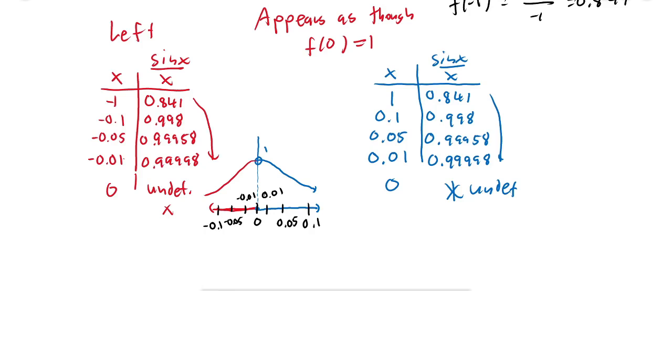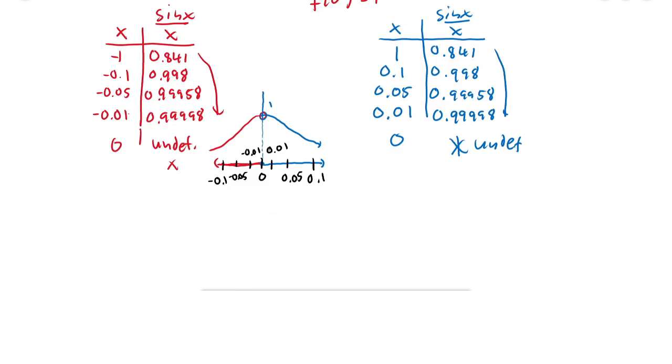And this was exactly the same idea that we dealt with when we dealt with average rate of change. We basically had this notion that we had a point where we couldn't find the value of the function directly by plugging values in, but if we looked at the trend, we saw that it was equal to 1, or whatever the value is in that particular case. So this is what is known as a limit.